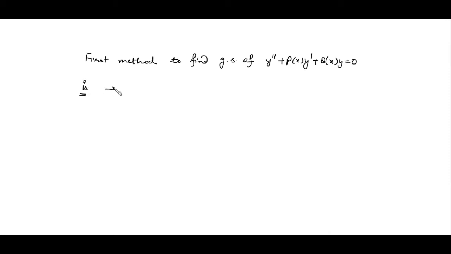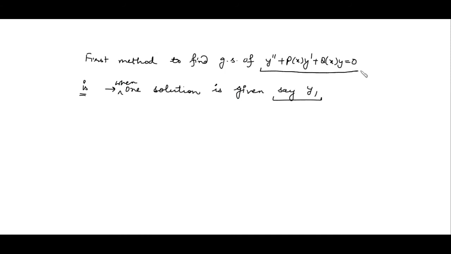Now the first method to find the general solution of a second order homogeneous differential equation is when one solution is given, say y1. One solution is already given to us of this differential equation.